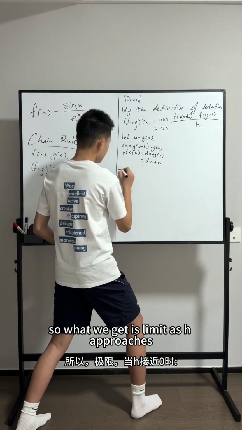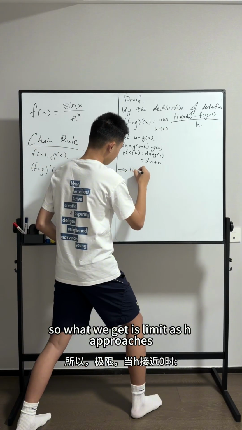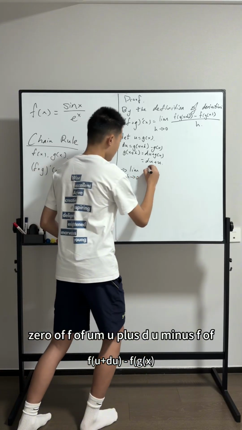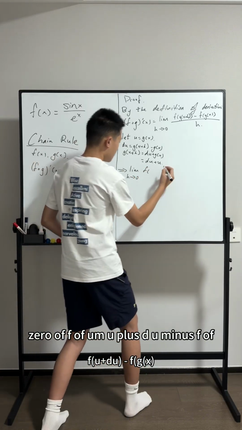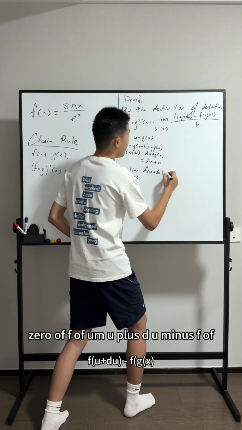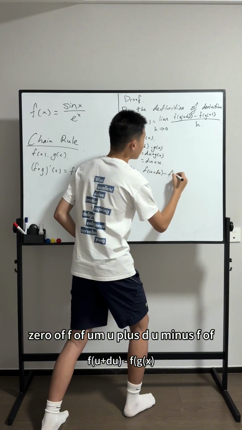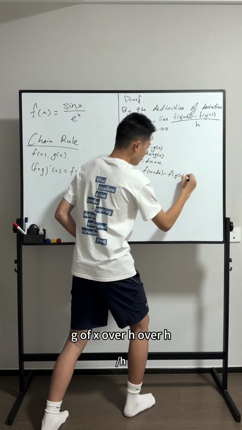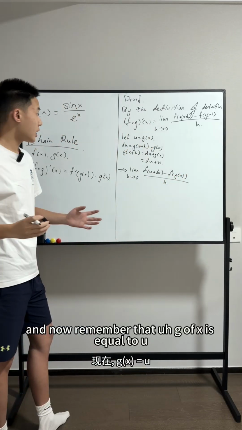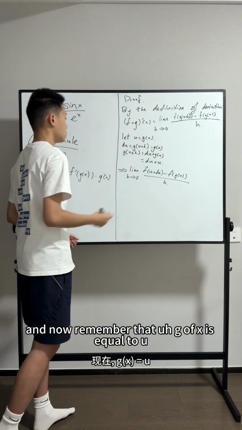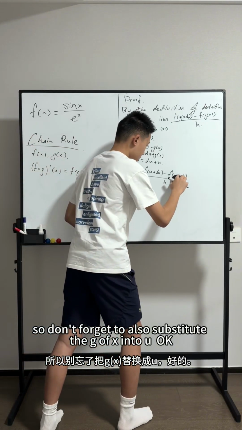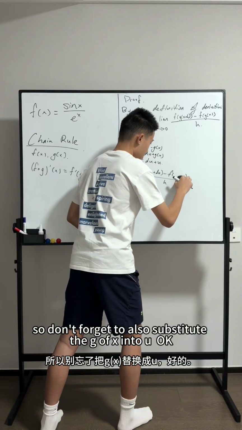So what we get is the limit as h approaches 0 of f of u plus du minus f of g of x over h. And now remember that g of x is equal to u, so don't forget to also substitute the g of x into u.